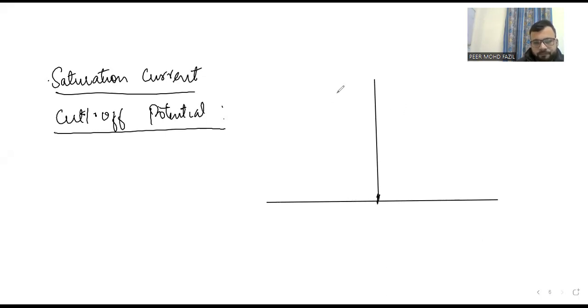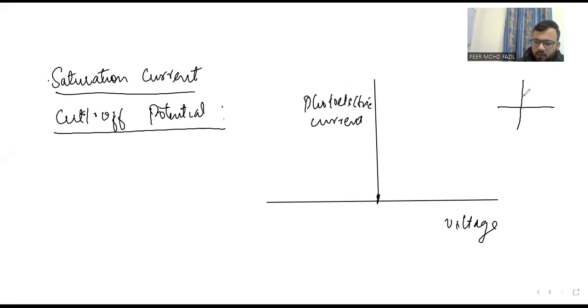Here we have photoelectric current. Here we have voltage, or potential difference. And for your basics, if we talk about abscissa and ordinate, at every position on the y-axis, x is 0, and at every point on the x-axis, y is 0.